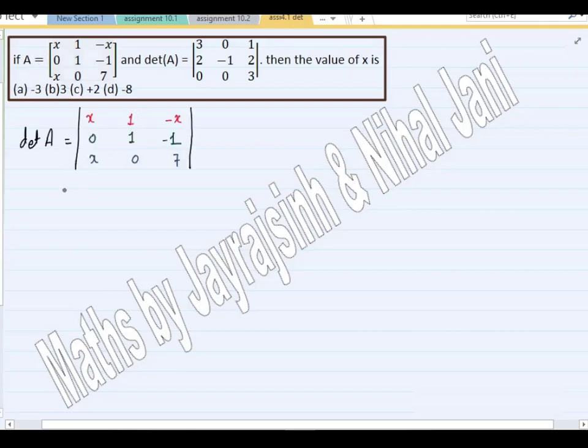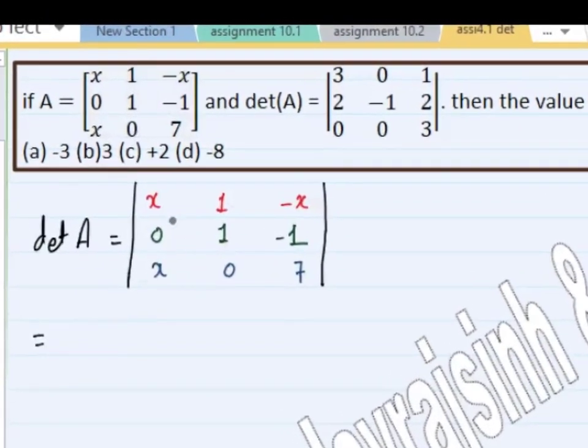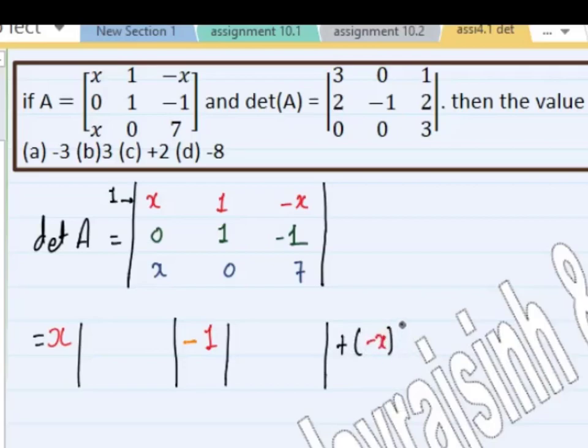So here we have our matrix, and let's expand along the first row. So let's write down the elements and space for their respective determinant. Minus second element 1, plus third element minus x and its small determinant. Now let's fill the determinant.